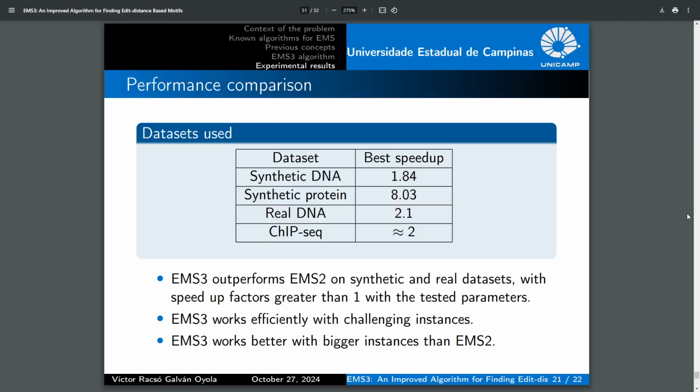So it's pretty interesting that way. Some interesting parts are that even in the original EMS2 sequences that were tested a lot to have a very good performance, even in those, the EMS3 actually has a speedup of at least 1.3, in approximation.